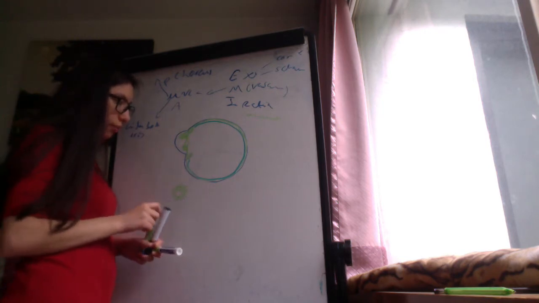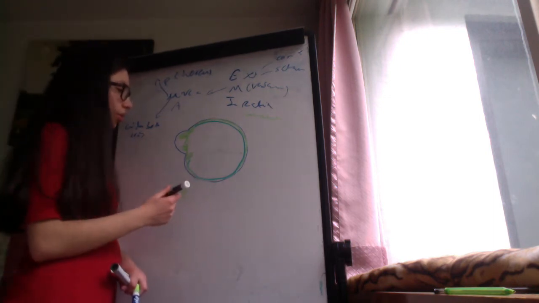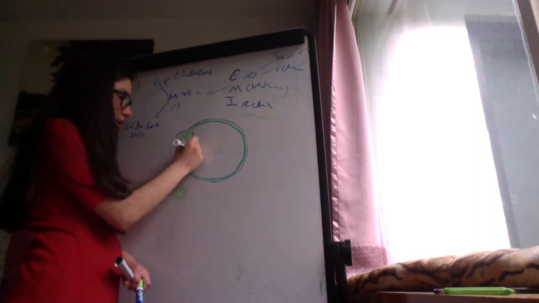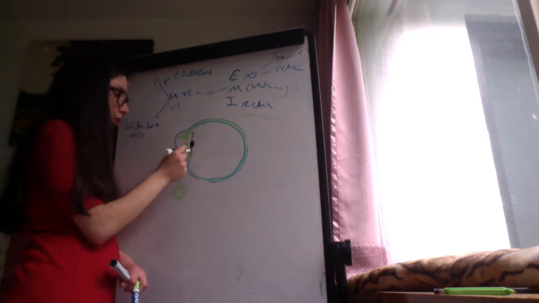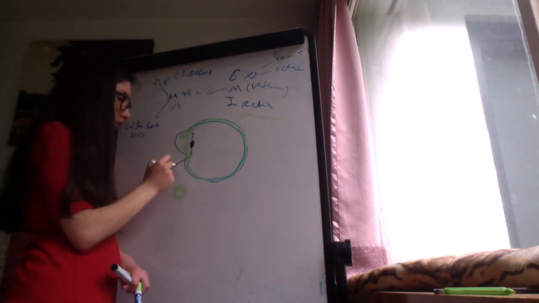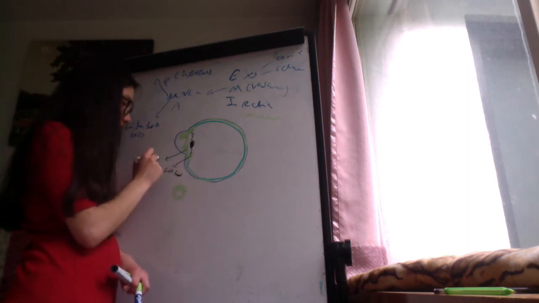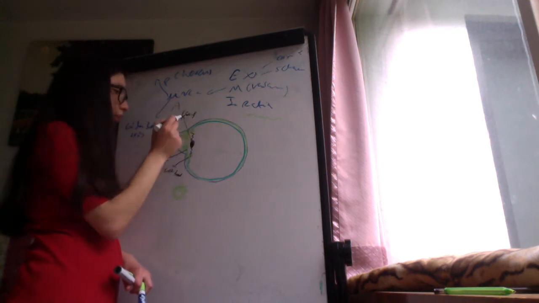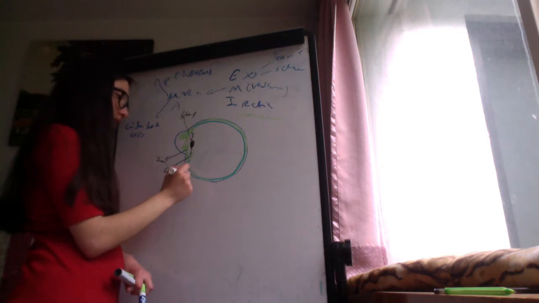The posterior chamber would include the lenses that are suspended by this zonular fiber of the ciliary body. So this is the ciliary body, this is the iris, this is the lens.